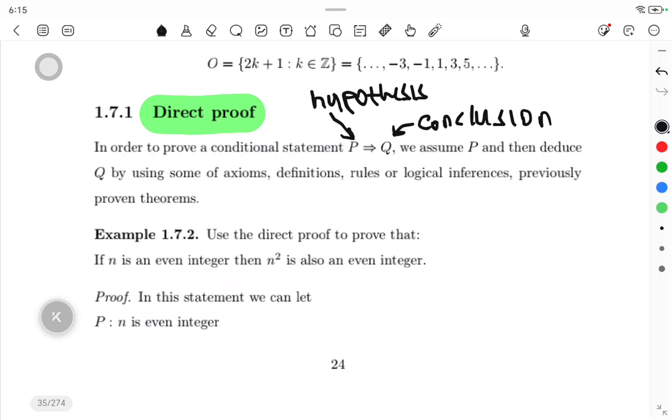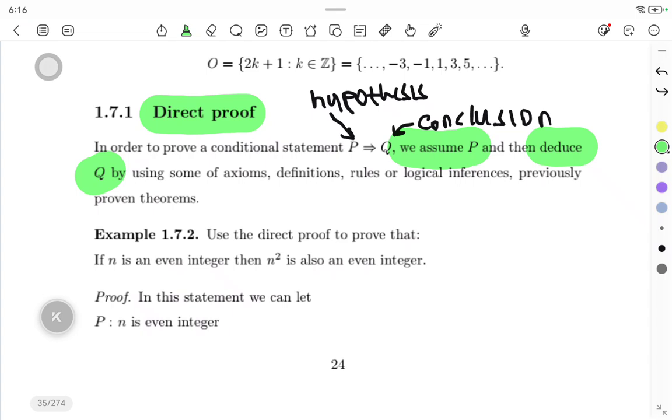And they say that we assume P and then deduce Q. Keep this in mind. Most of the time they're going to say something like this: we assume this and deduce this. This, you are not going to write when you're proving. We just have to know that we are always going to assume the hypothesis and arrive at the conclusion.